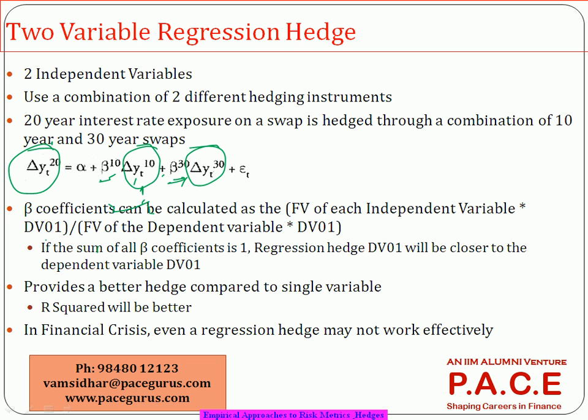And if the R squared is very high, it means this 20-year rate can very well be modeled using the 10-year rate and 30-year rate, a combination of 10-year change and 30-year change.